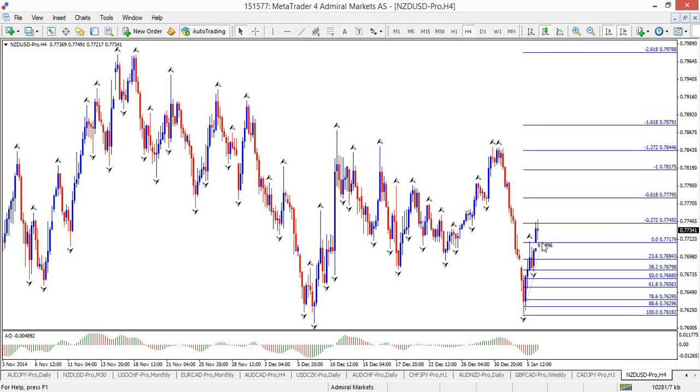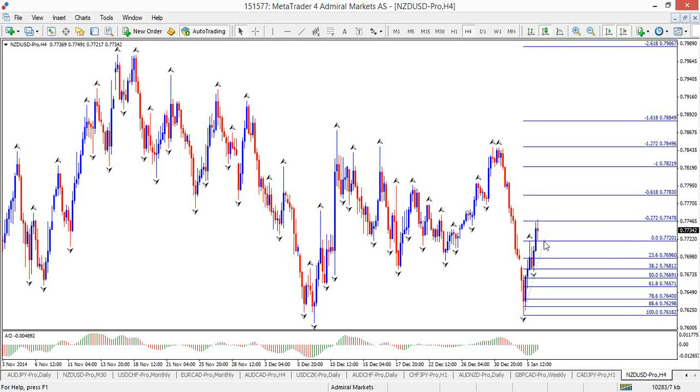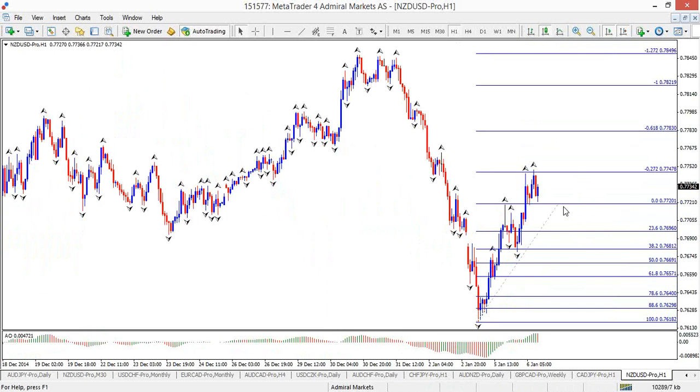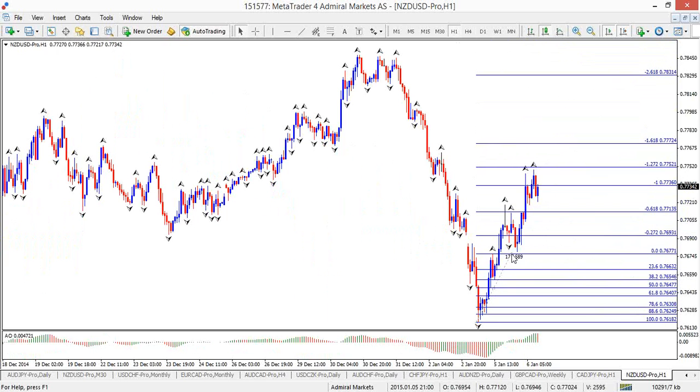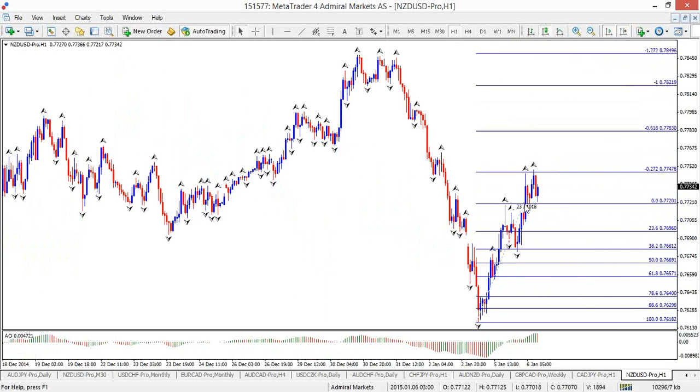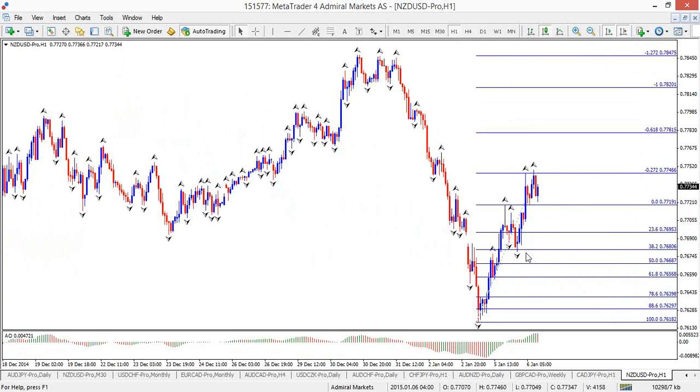That would be a 4-hour fib. 77.83 here. On the hourly chart, we could use the same fib. 77.80 indeed. Yeah, 77.80. Okay, I think that makes sense.